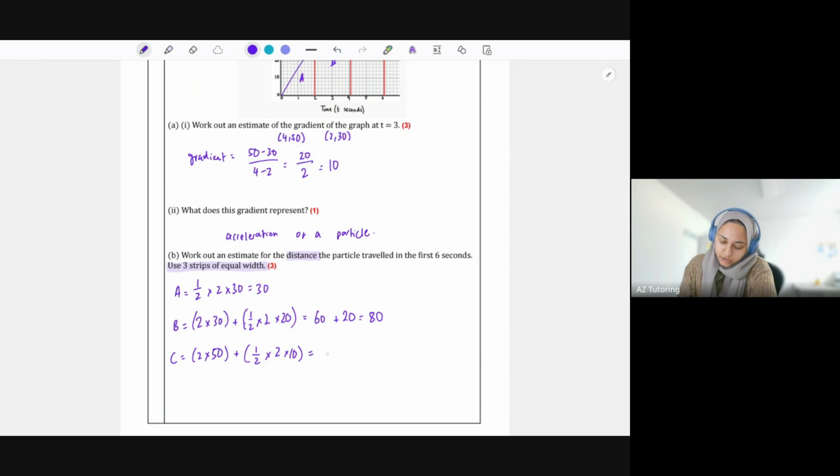So that equals 2 times 50, which is 100. Add 2 times 10, 20. Half of 20 is 10, so we get 110. So we're just adding A, B, and C. So we're doing 30, add 80, add 110. 80 add 30 is 110, add 110, 220.